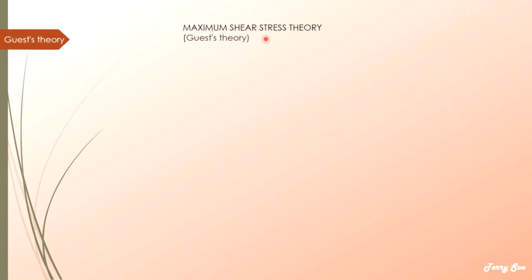So based on the maximum shear stress theory, this is the original formula. We know that bending stress, from the simple bending equation and strength relationship, from the previous video, is 32M over pi d cube.